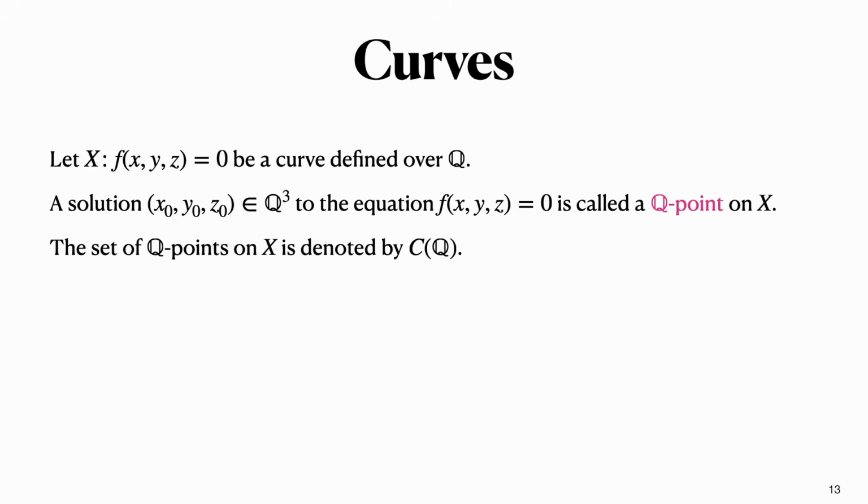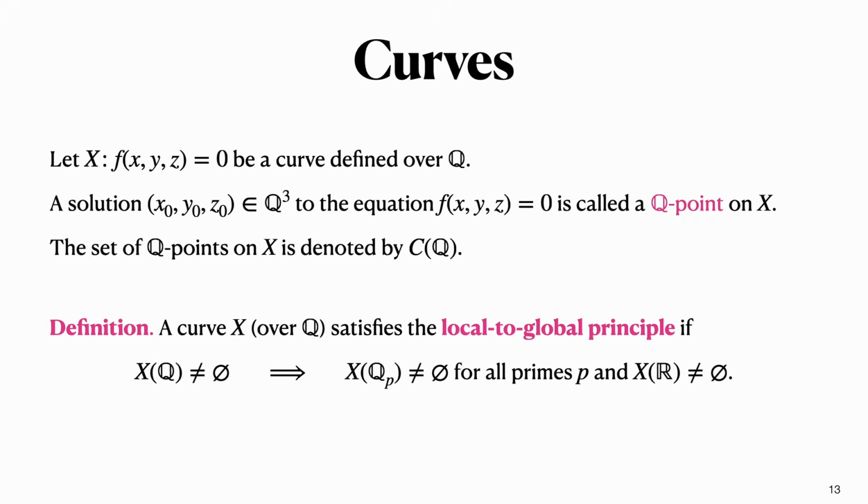A solution for that polynomial equal to 0 is going to be a point on that curve. And then I'm going to write X of Q as the set of solutions to that polynomial equal to 0 over the rationals. And I can just change the field to wherever I want for solutions defined over wherever you want to have them. And then what we are concerned about is this question of having a global point over Q.